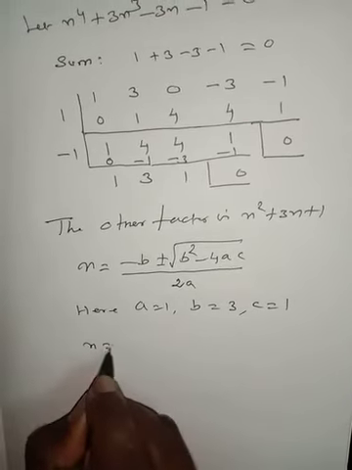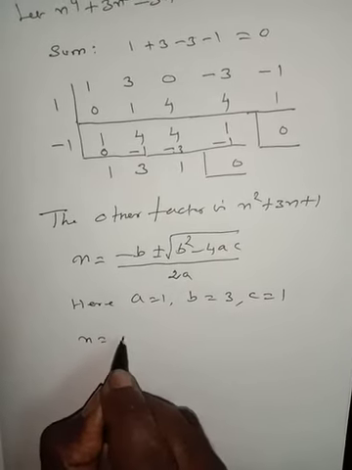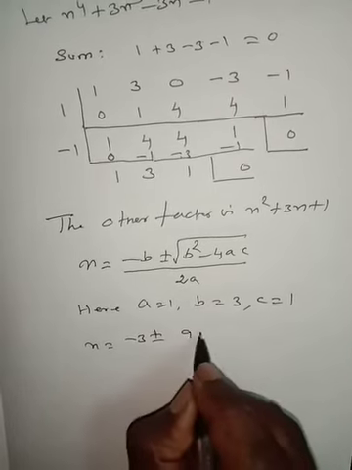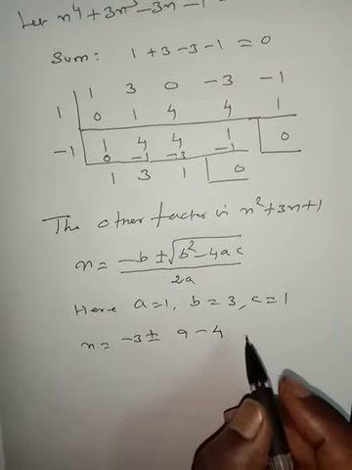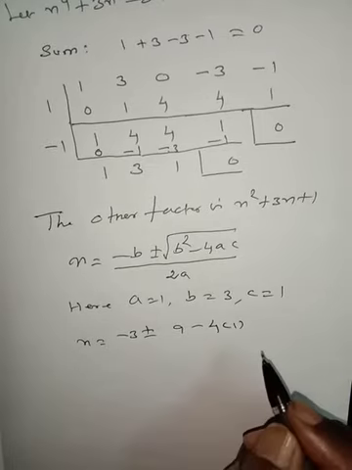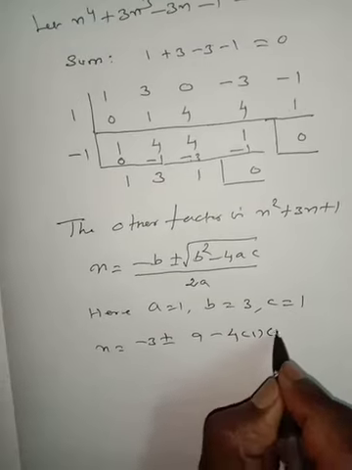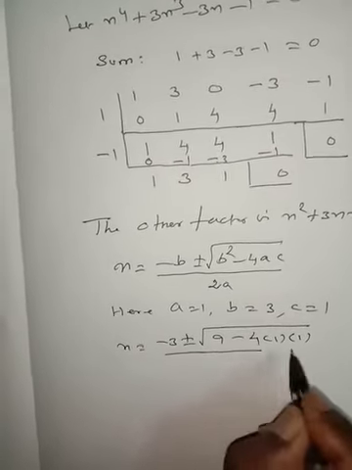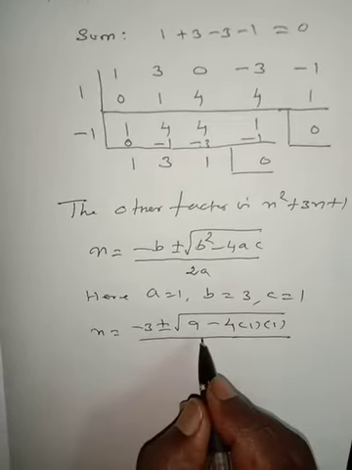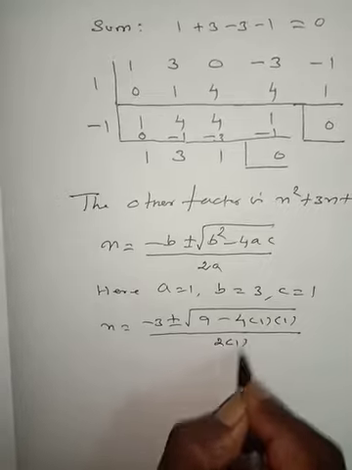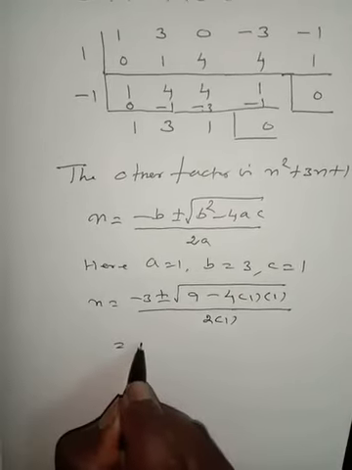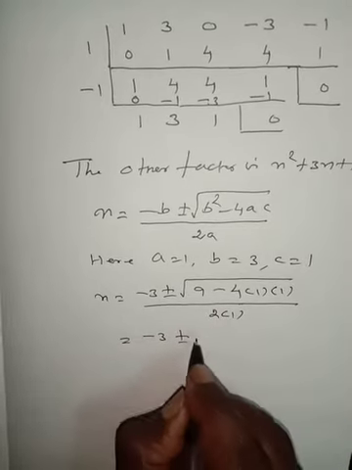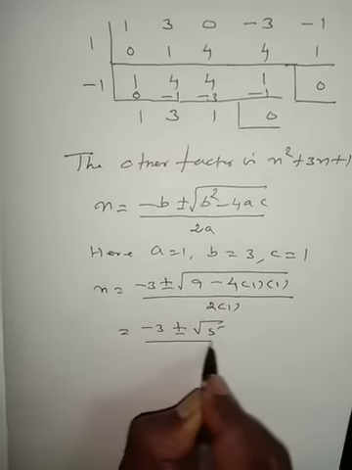Therefore, x is equal to minus 3 plus or minus root of 9 minus 4 into 1 into 1, divided by 2 into 1, is equal to minus 3 plus or minus root 5 divided by 2.